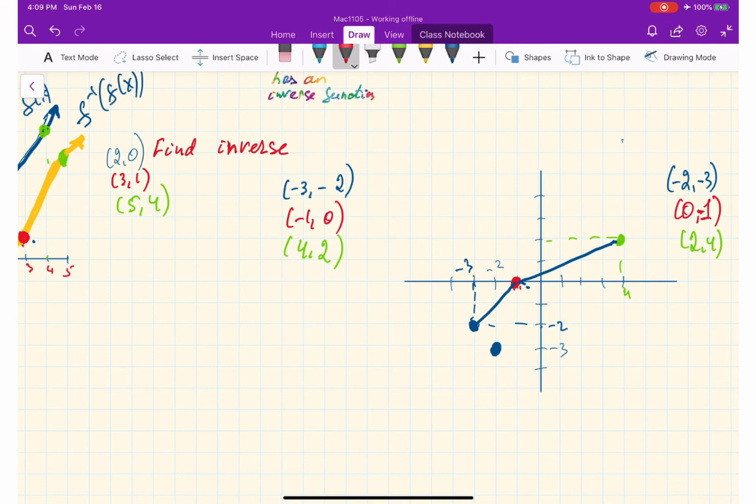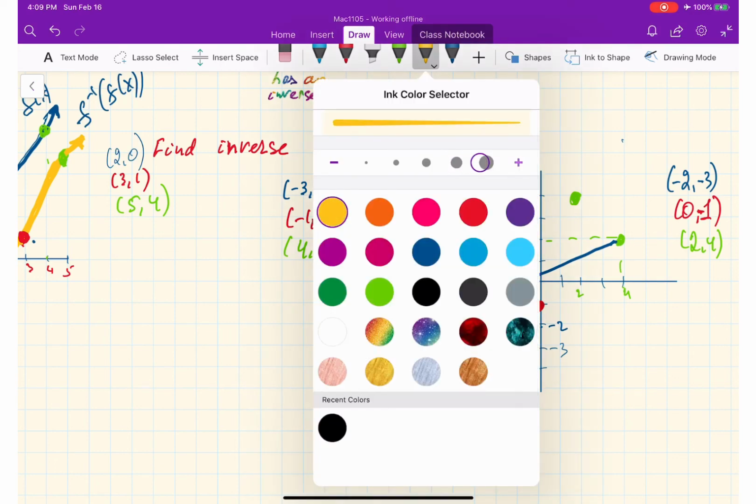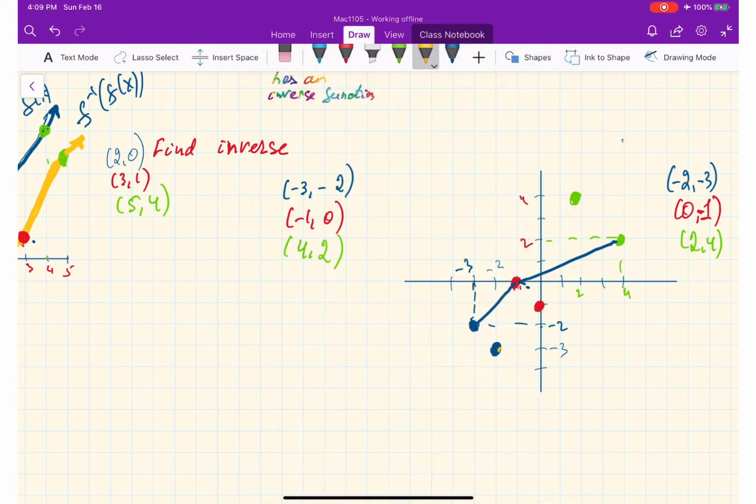So it's going to be 0, -1, which is coming here. And then 2 and 4. So this is 2, this is 4, so this is 2 coming to 4 right here. Okay. So the graph is coming like this, and then from here it is coming here like this.